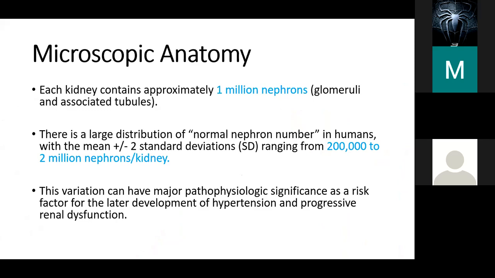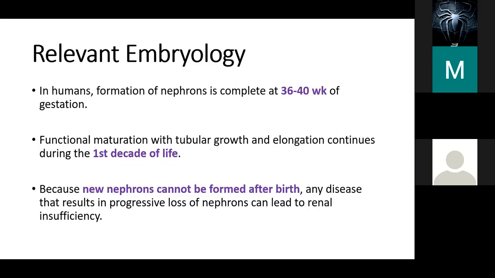And this variation or the difference from 200,000 to 2 million can have a significance in terms of risk factor for later development of renal dysfunction and hypertension. So if you have a small number of nephrons, then you are at increased risk compared to somebody with a larger number of nephrons.